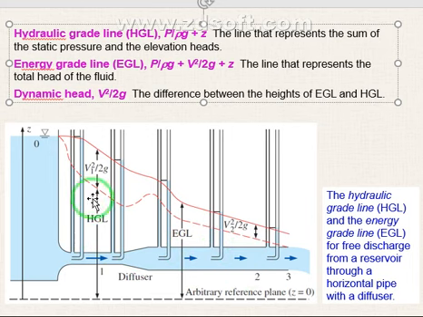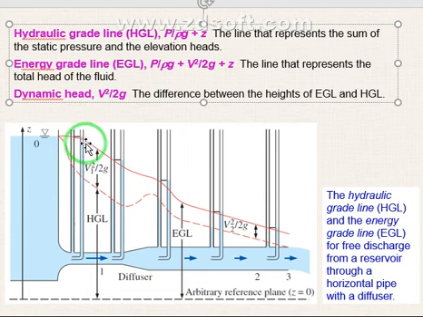So if we install two pipes here, one at the edge and one in the center, the one in the center will be affected. The dynamic head will be included here.